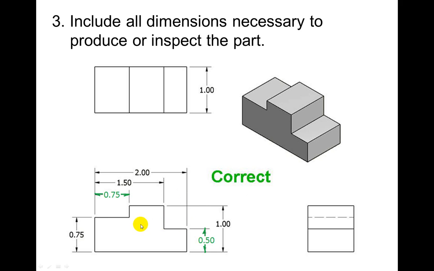Notice we have right here our length. We have our height. You can get length from this one, and you can get length from this one. You get height from your front and your right side. And then you can get depth on your right side as well as on the top view.